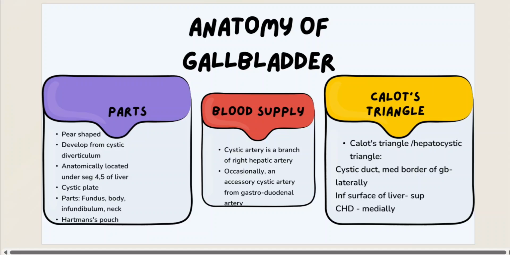At around the 4th week of gestation, a hepatic diverticulum develops first, from which the cystic diverticulum arises, ultimately leading to the gallbladder and the biliary tract. Anatomically, the gallbladder is located under segment 4 and segment 5 of the liver.